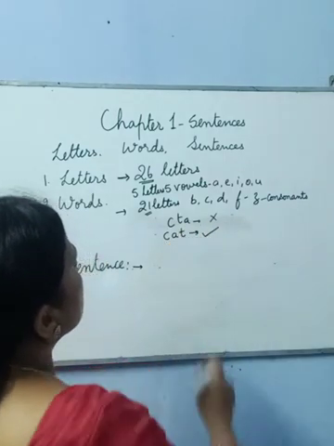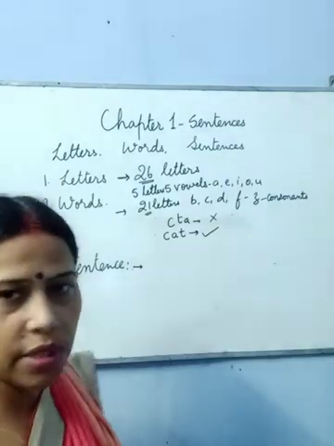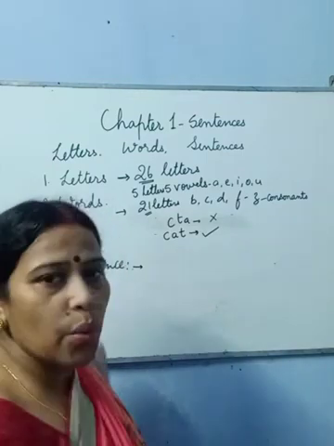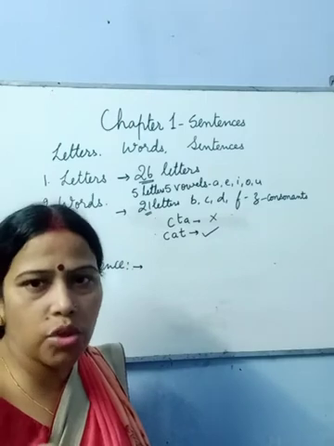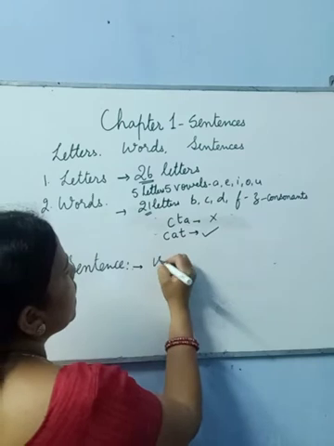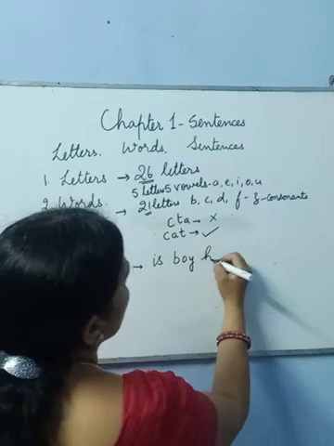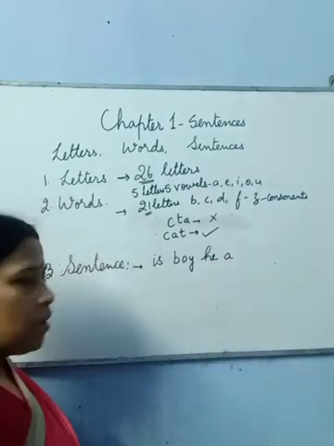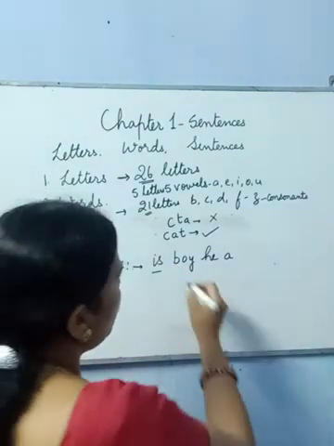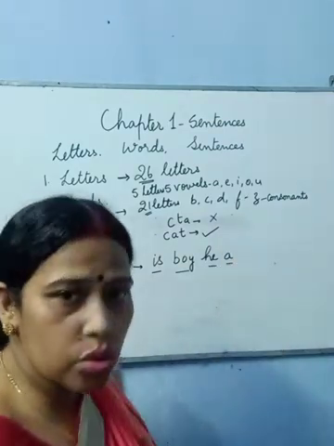Now we will read about the sentence. So what is a sentence? These words, when they are put in correct order, make a sentence. If I write here, "is boy he a." Now, "is" is a word, "boy" is also a word, "he" is also a word, and "a" is also a word.